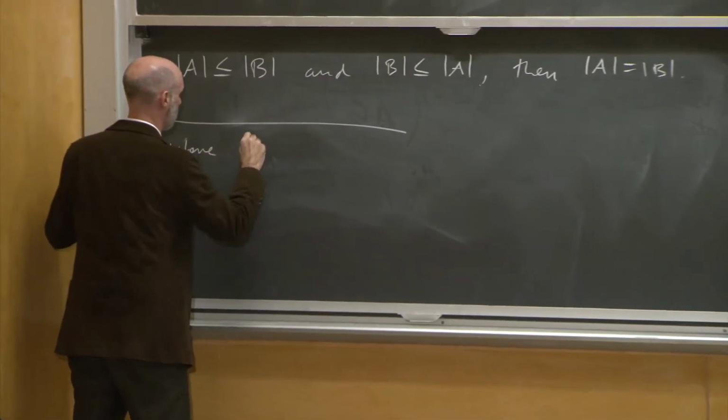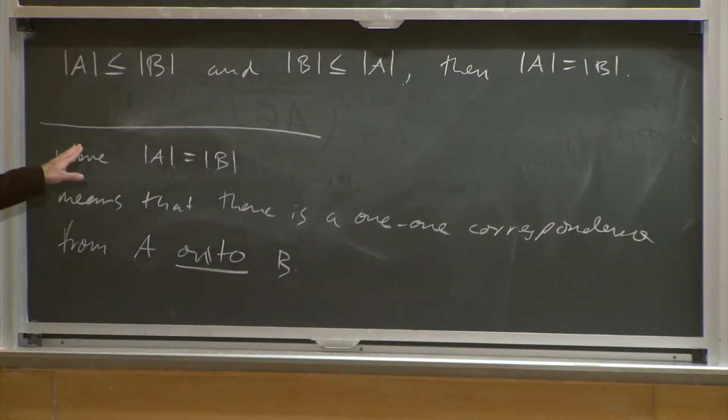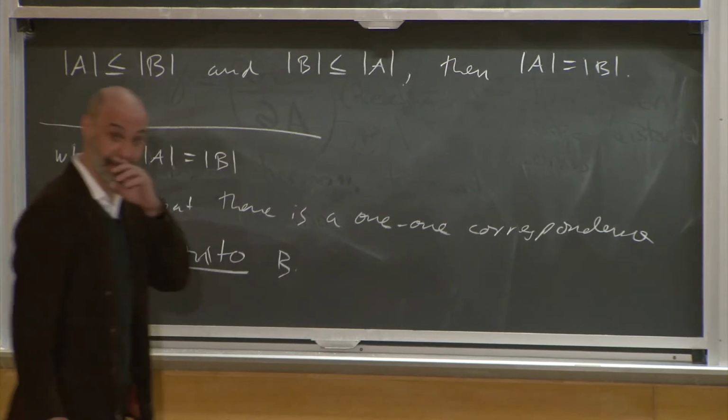Where the cardinality of A equals the cardinality of B just means that there's a 1-1 correspondence from A onto B. OK, so that's our basic machinery.